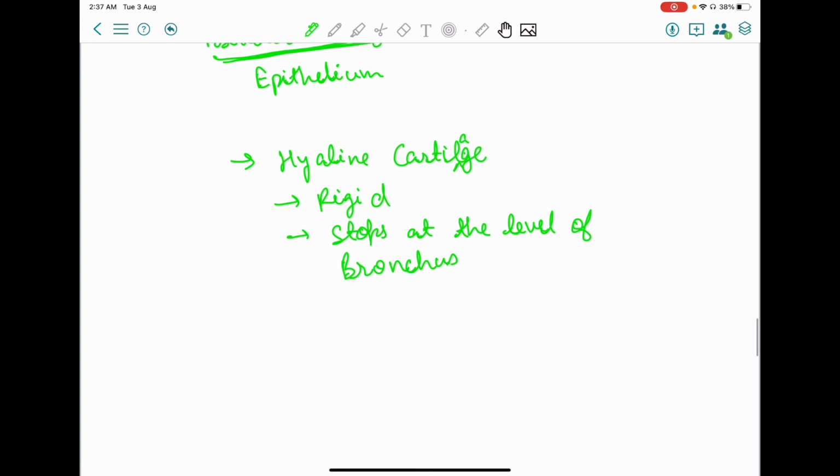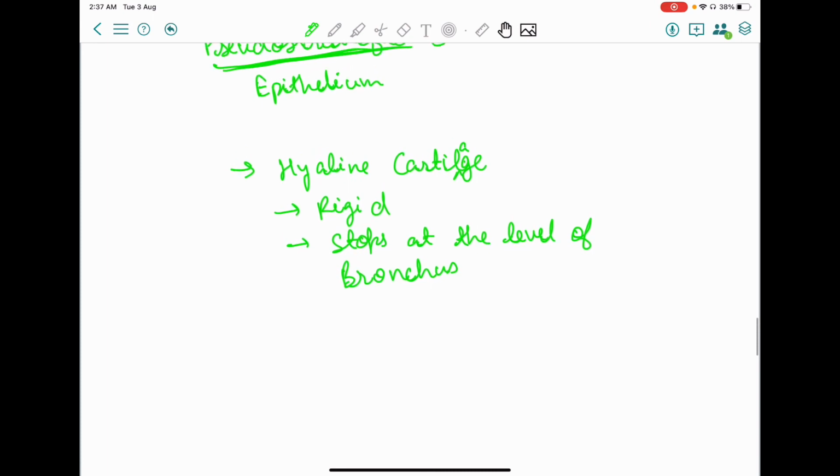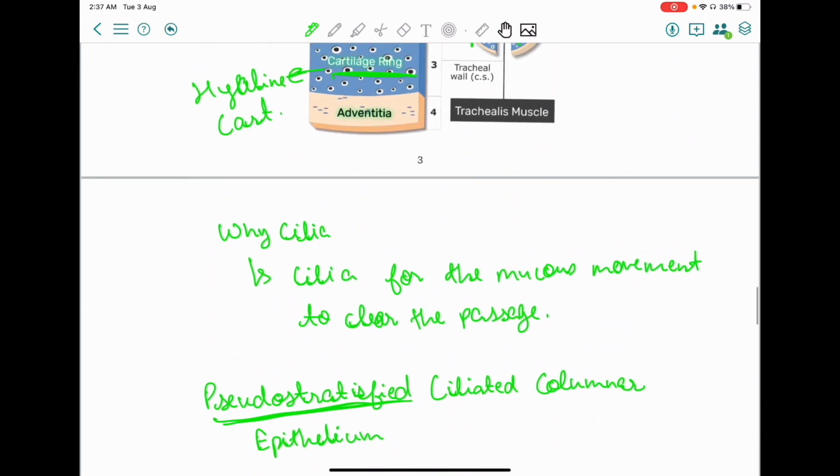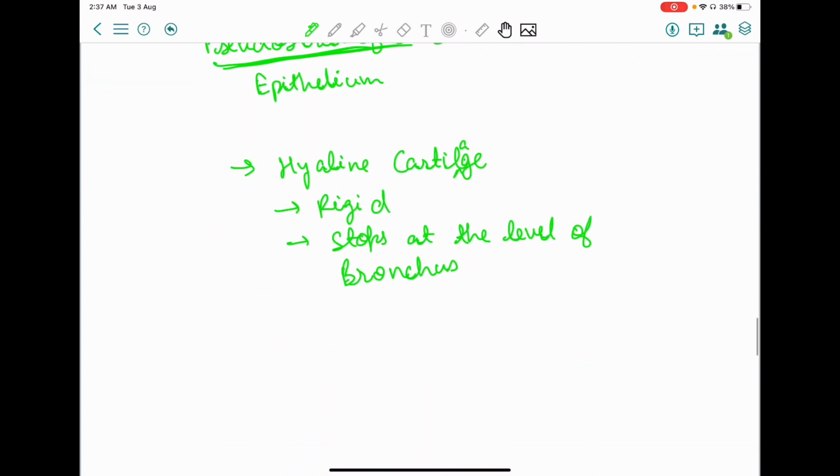So what does it mean? That bronchioles do not have hyaline cartilage. Then what do bronchioles have? Bronchioles have smooth muscles. They do not have hyaline cartilage, they have smooth muscles.